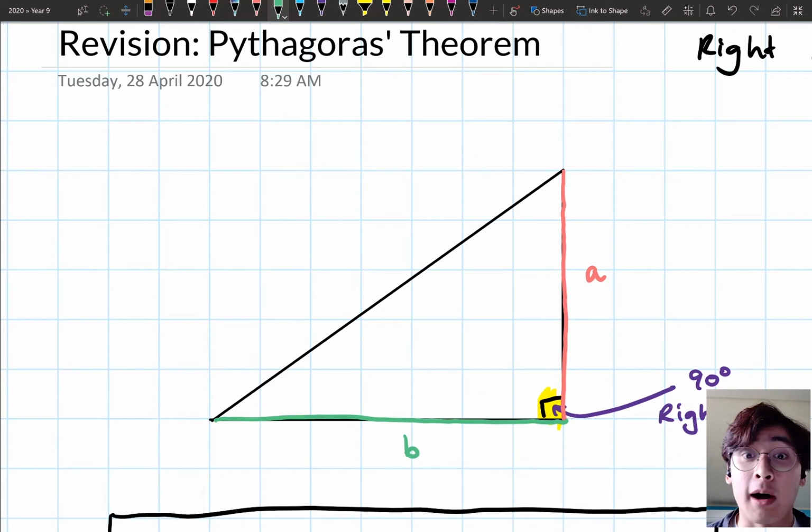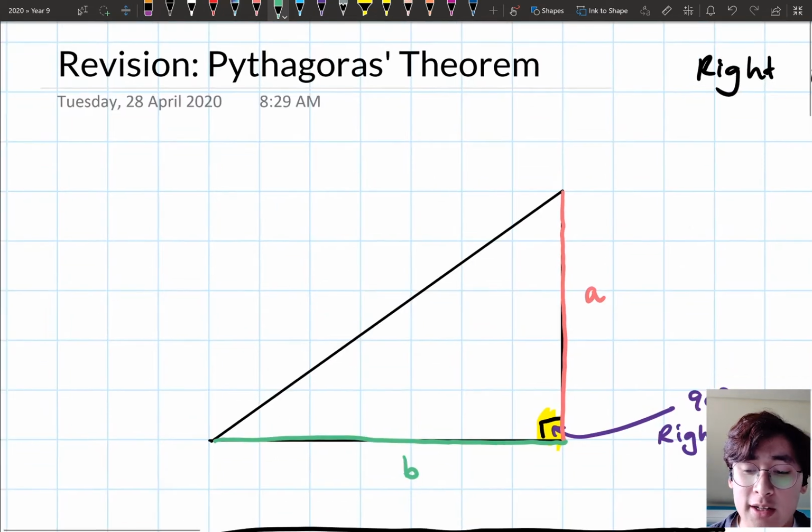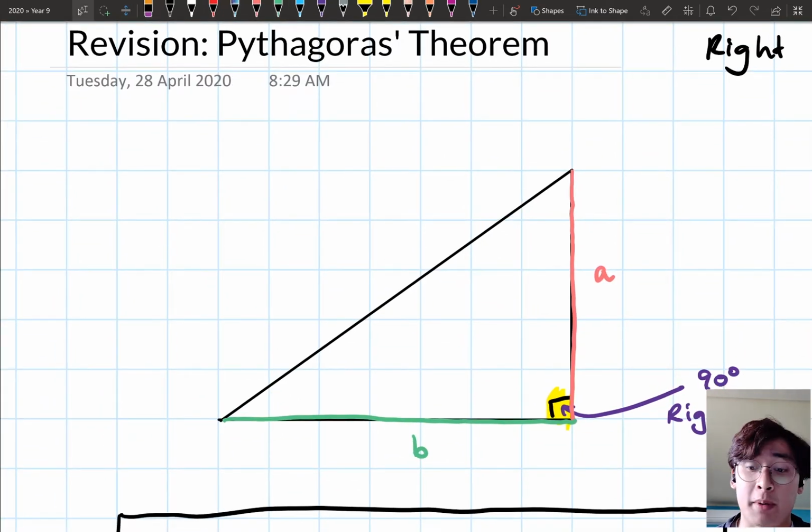In your right angled triangle, it doesn't matter which one you call A and which one you call B. I could swap the two around. It doesn't really matter as long as the two shorter sides are called A and B. That's all I really worry about.